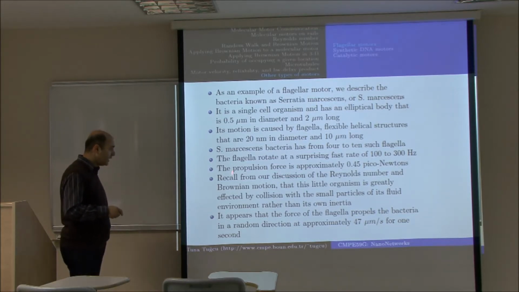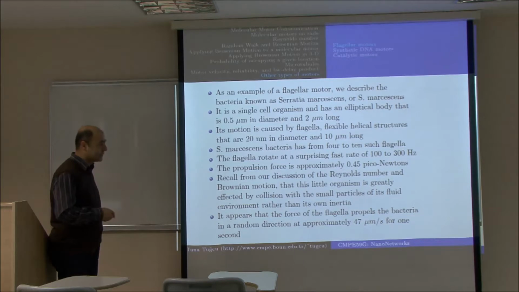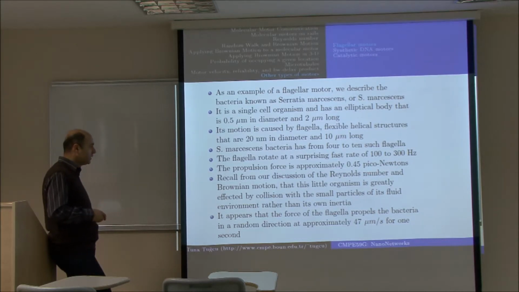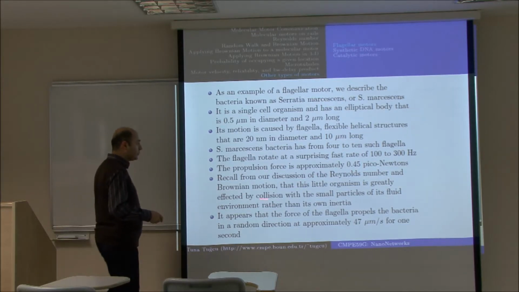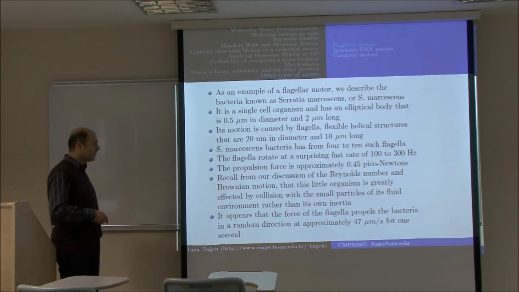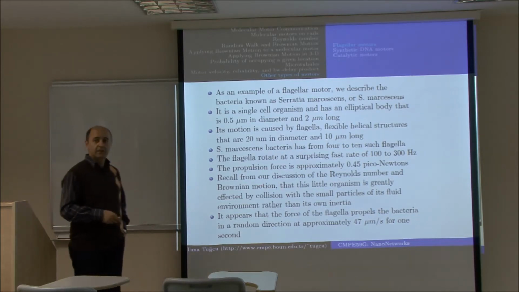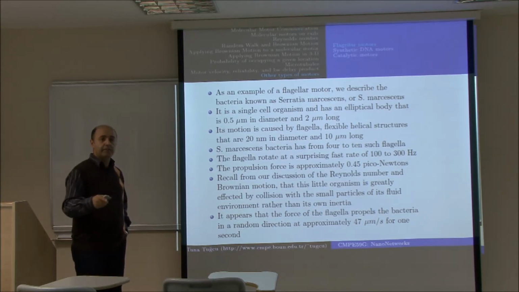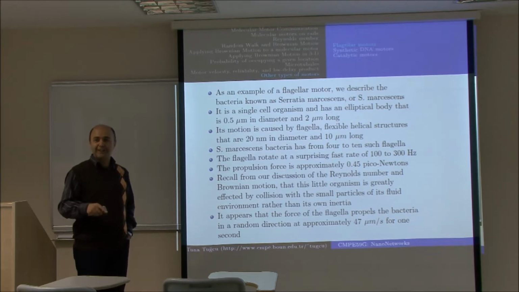Recall from our previous discussion on the Reynolds number and the Brownian motion that these little organisms are greatly affected by collision in the environment with the other molecules in the fluid environment rather than having their own inertia. And also, as we will see, the flagella behind will turn in one direction and then it has to rewind. So it will change the direction there.